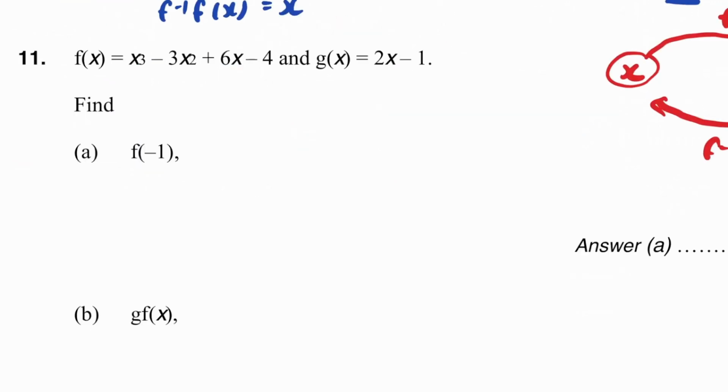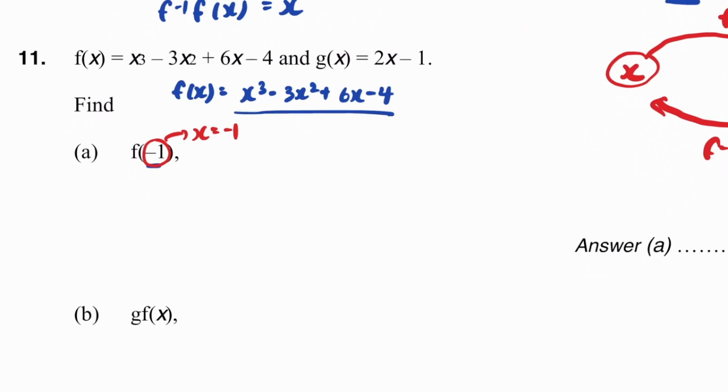Let me rewrite this properly. f(x) equals x cubed minus 3x squared plus 6x minus 4. So for f of negative 1, all you need to do is to substitute x equal to negative 1 inside the function.